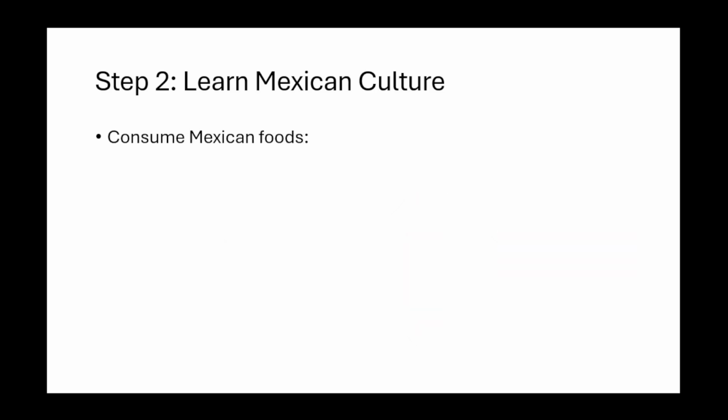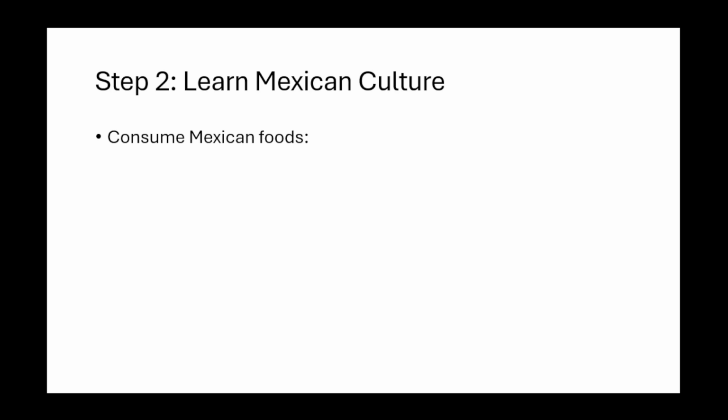Finally, you can consume Mexican foods. Now, food does make a culture, and the Mexican culture is very embracing of food. You know, there's a lot of festivals and carnivals and sort of things, and food is often at the centerpiece. So it's important to know your foods. And now you're thinking, how can you condense all of Mexican food culture into four pictures?